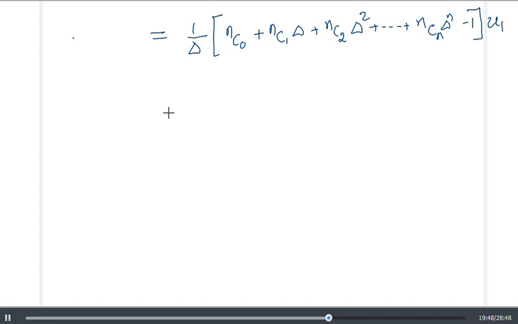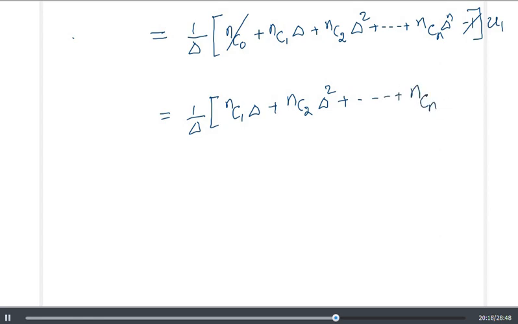So this acting on u1, and this equals 1 by delta into, now n choose 0 is nothing but 1 itself. So this term and this term got cancelled. After cancellation, we are left with n choose 1 into delta plus n choose 2 into delta square plus and so on plus n choose n into delta power n, acting on u1.